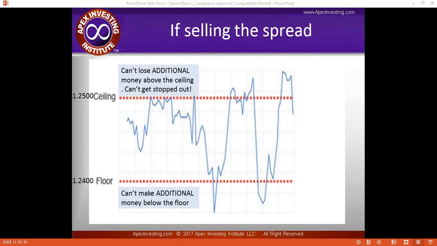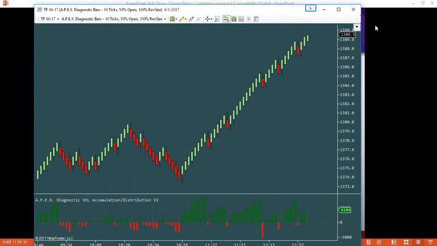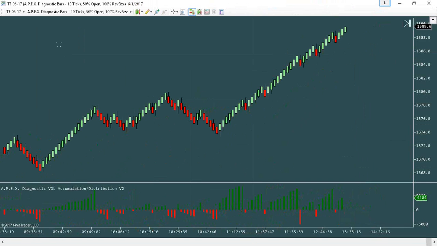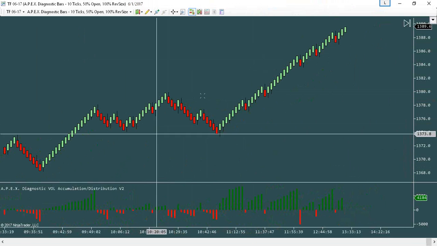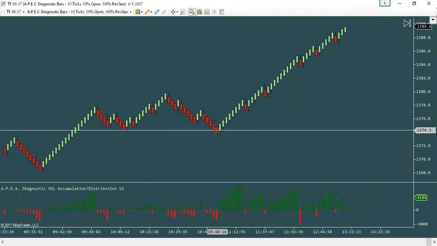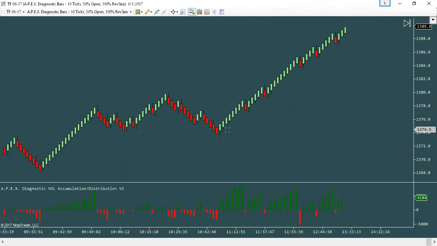Let's say we want to go short. We think the market is going down, and the market turns against us. Let me pull a chart over here. Let's say we were trading the Russell, and right here we thought the market was going down.